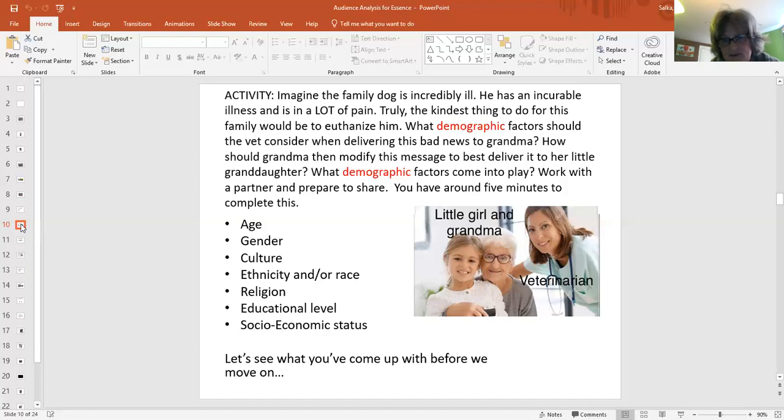The vet is going to speak in somewhat simpler terms to grandma. Grandma's going to speak in somewhat simpler terms to her little granddaughter. And they're both going to tone down their educational level as they speak to the child. Okay.